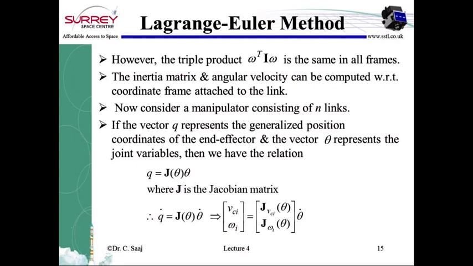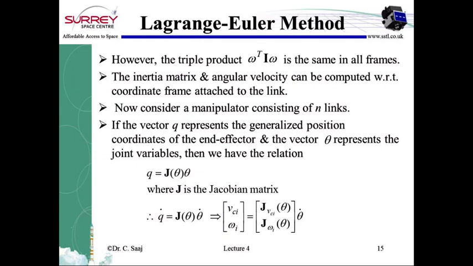Let's take the vector q that represents the generalized position coordinates of the end effector, and let theta be the vector that represents the different joint variables or the joint angles. We have already seen the relation connecting the position vector of the end effector with the joint angles using the Jacobian.